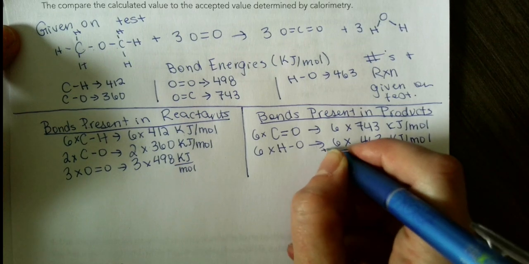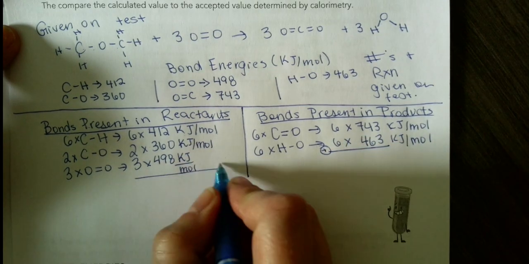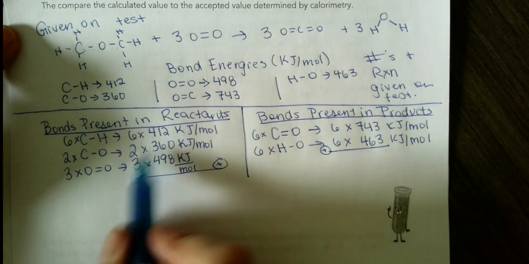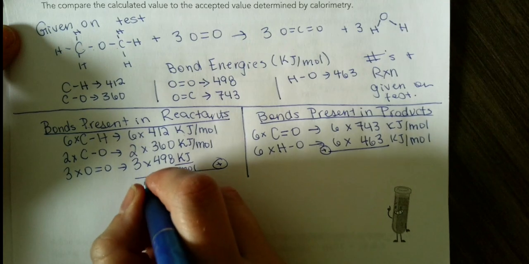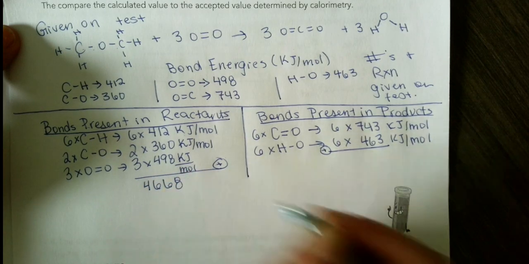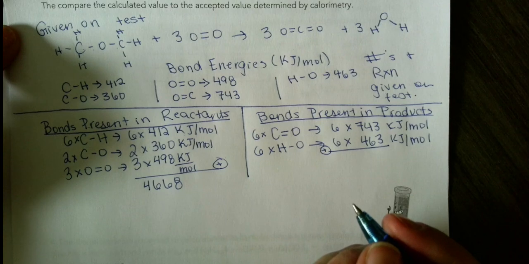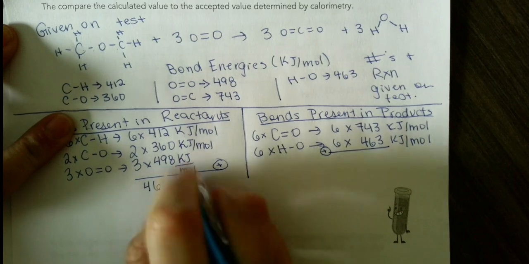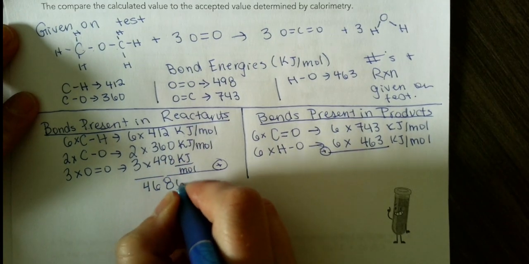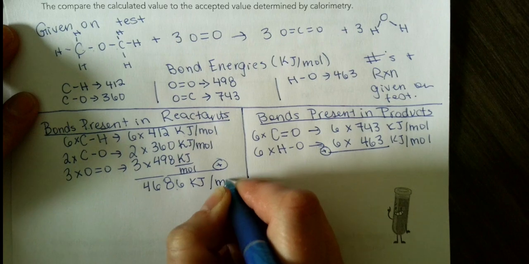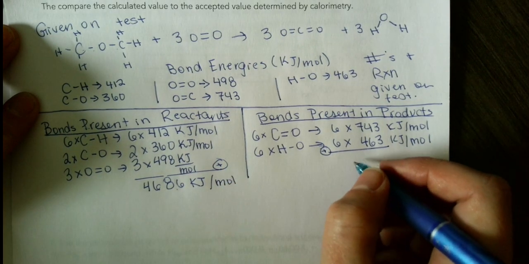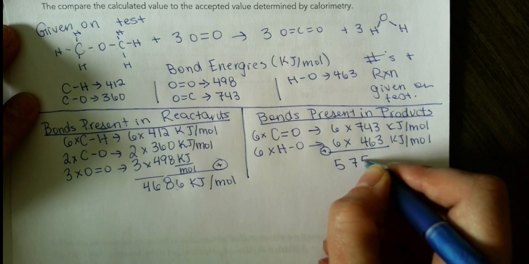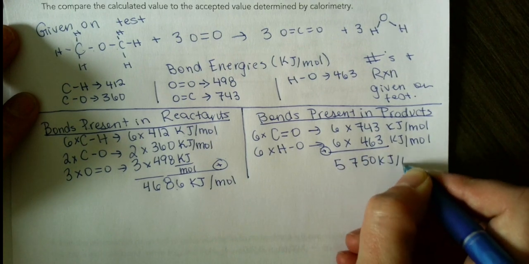Now we're doing math. You have to multiply and add everything together. On the reactants side, these numbers add up to 4,686 kilojoules per mole. And over here, you have 5,750 kilojoules per mole.